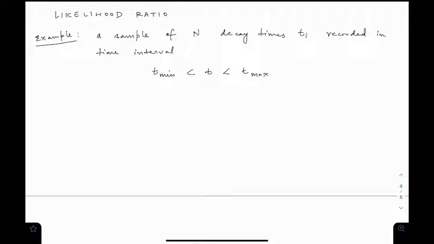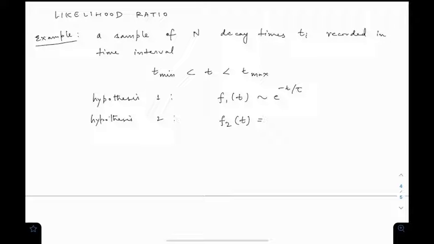The times are expected to follow, so let's say hypothesis 1 says that the times should follow an exponential distribution. Hypothesis 2 suggests that they should follow a uniform distribution. I want to know how likely the first or the second hypothesis is.